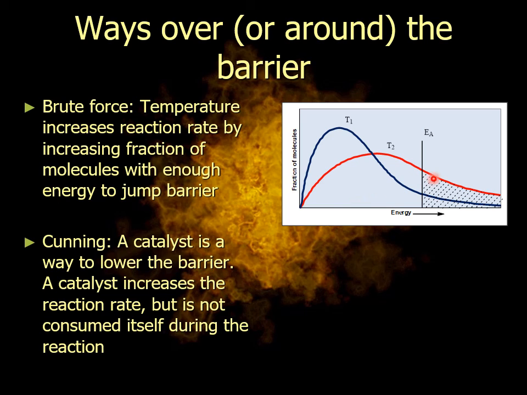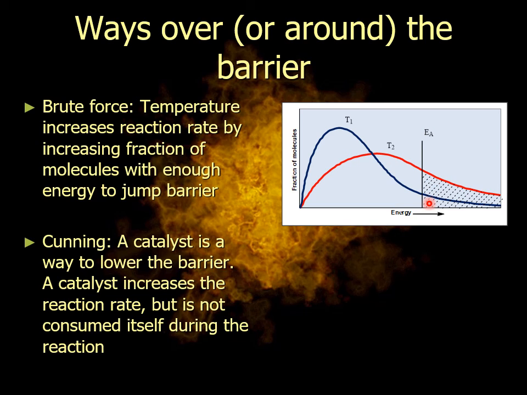But if their energy is above the barrier, then they can, provided the orientation is correct. So one key outcome is the area under the curve that has sufficient energy increases dramatically with temperature. So for our red population, it's way bigger than for the blue.